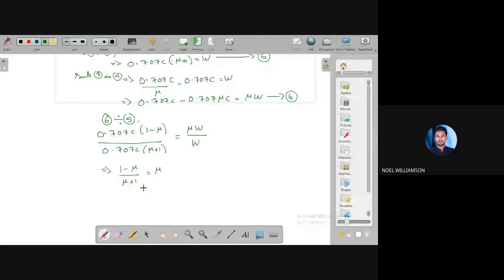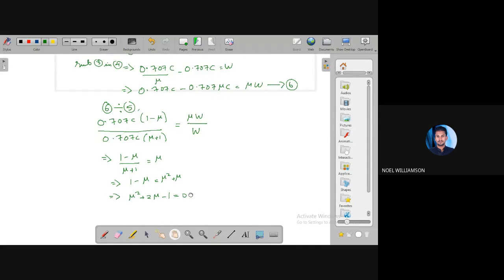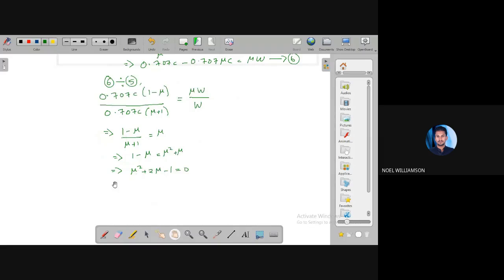From here you can rearrange and write 1 minus mu equal to mu square plus mu, or you will get a relation like mu square plus 2 mu minus 1 equal to 0, and using the calculator you can solve the relation for mu.